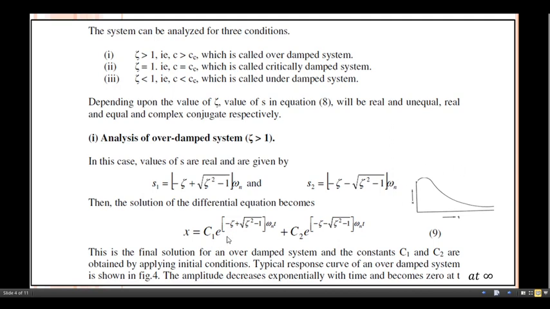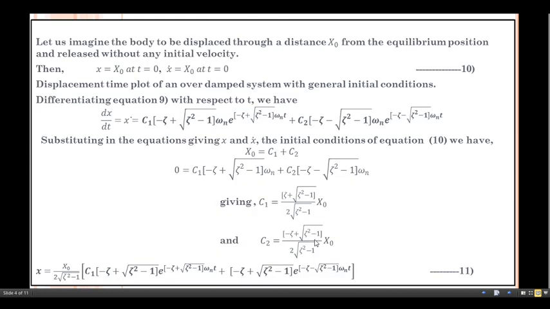Now to get the values for c1 and c2, let us imagine the body is displaced through a distance x naught from the equilibrium position and released without any initial velocity.